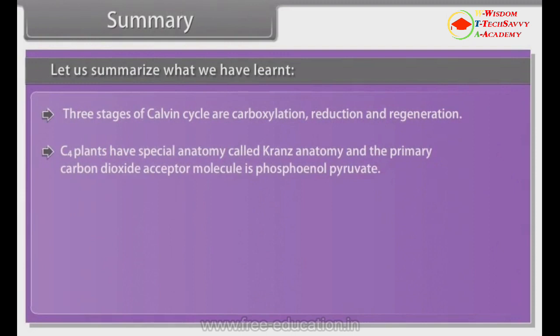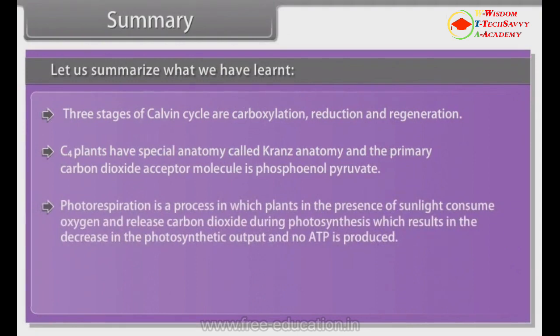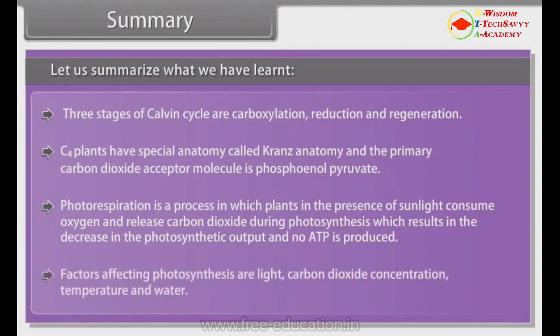C4 plants have a special anatomy called Kranz anatomy, and the primary carbon dioxide acceptor molecule is phosphoenol pyruvate. Photorespiration is a process in which plants, in the presence of sunlight, consume oxygen and release carbon dioxide during photosynthesis, which results in the decrease in the photosynthetic output, and no ATP is produced. Factors affecting photosynthesis are light, carbon dioxide concentration, temperature and water.